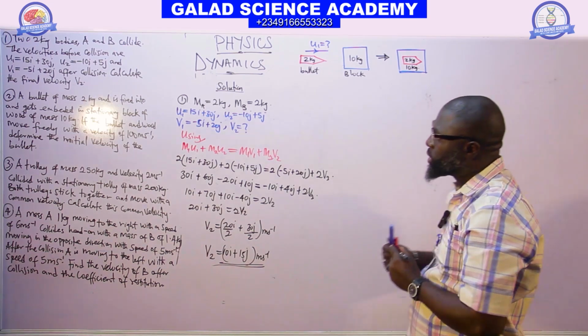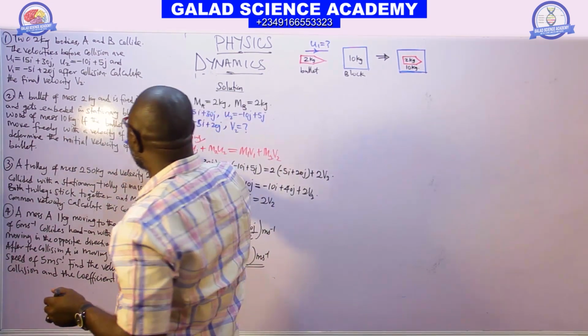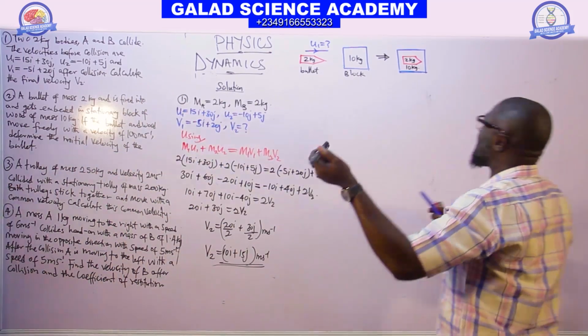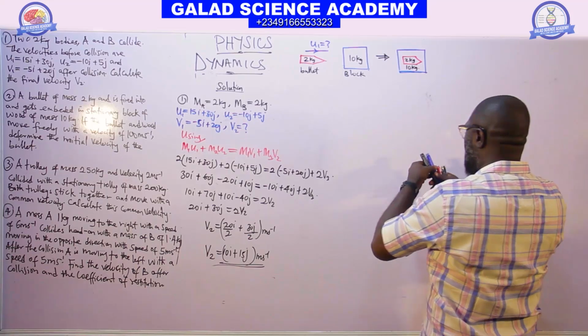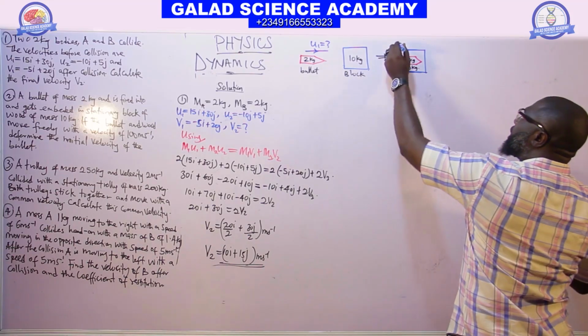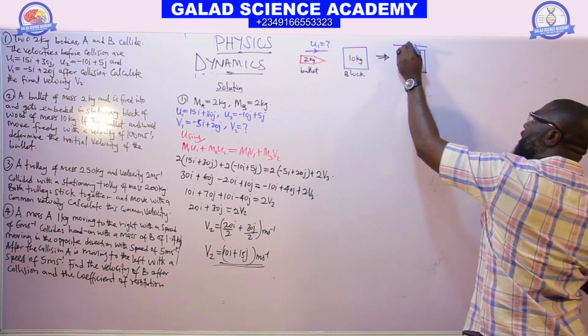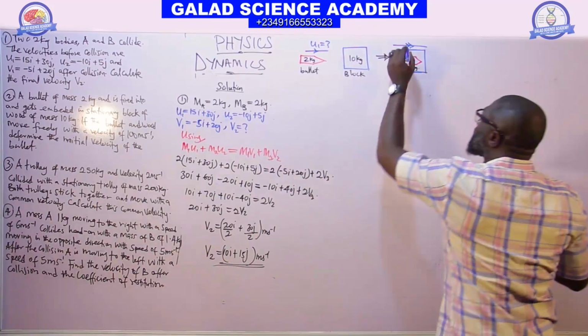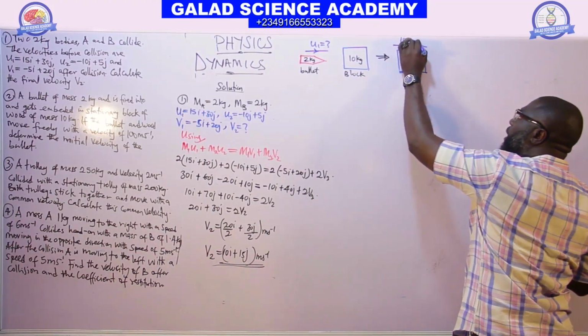But they said if the bullet and wood move freely, that is, when the bullet enters the block, what happened? They will move freely like this with a speed of 100 meters per second.